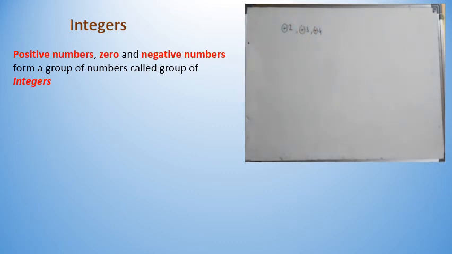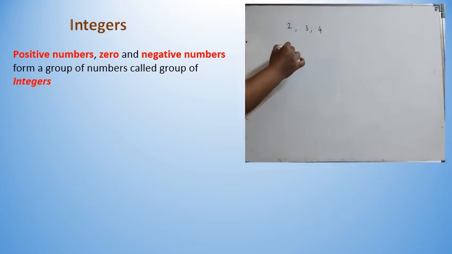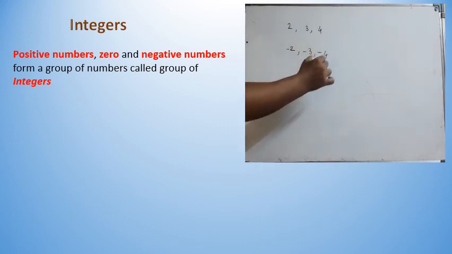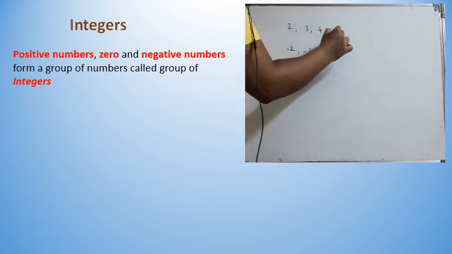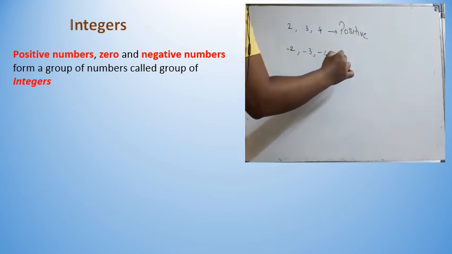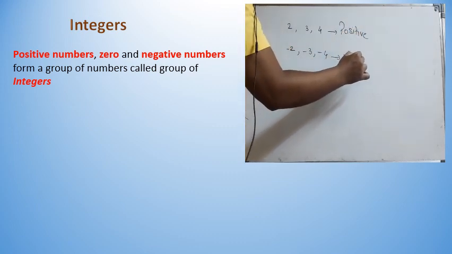But for generally writing, we do not show this plus sign. We just write the numbers as they are. A number written only in this format is considered a positive number. Whereas if you put a minus sign in front of it like this, then it becomes a negative number. So these are positive numbers and these are negative numbers.